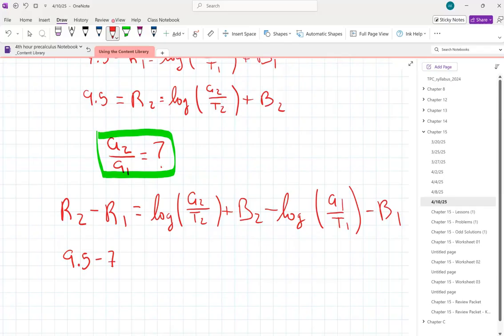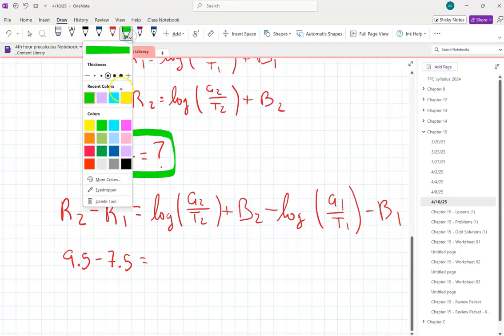So again, my R2 was 9.5 and my R1 was 7.5, excuse me. Now let's think about these other quantities in here, right? Because it seems like I don't know anything about T1 or T2 or B1 or B2 because I'm trying to find out about A1 and A2. So maybe I'm not worried about filling anything in for those.